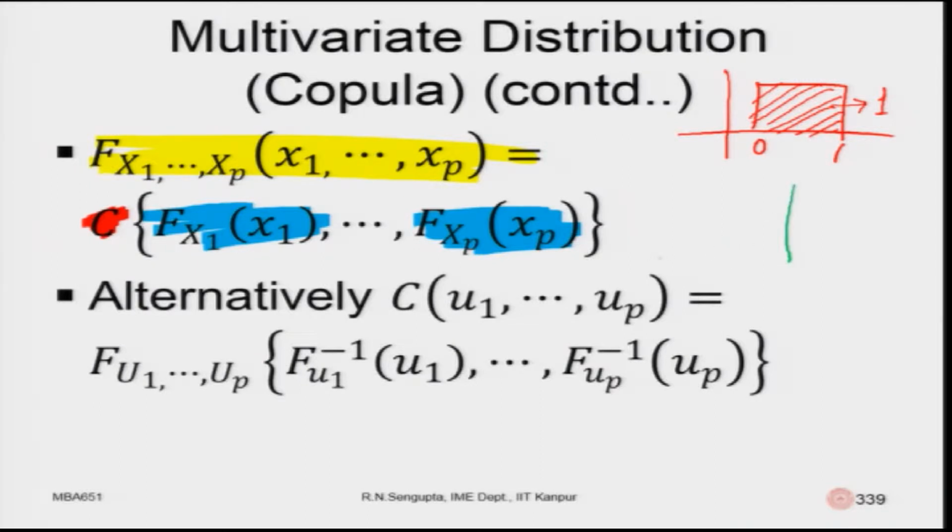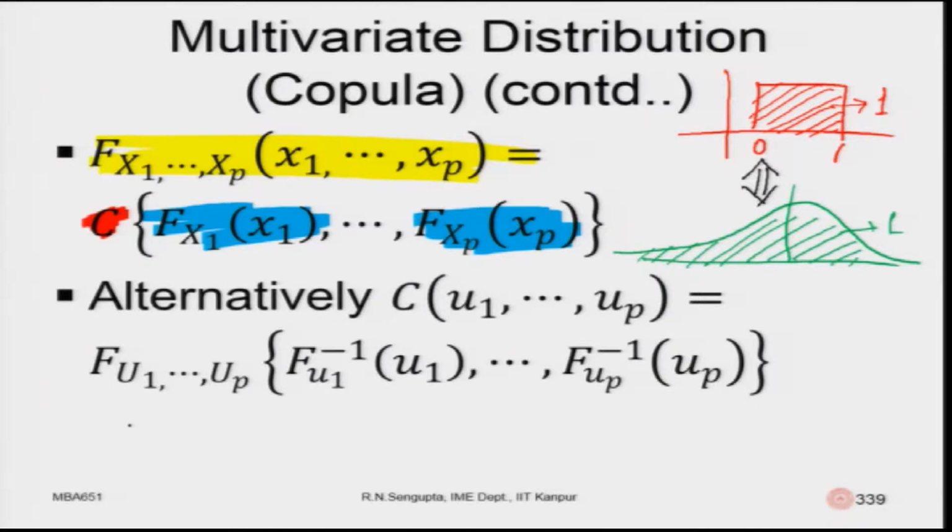So, this distribution value is also 1. Now, I need to do a one-to-one correspondence between these two distributions.